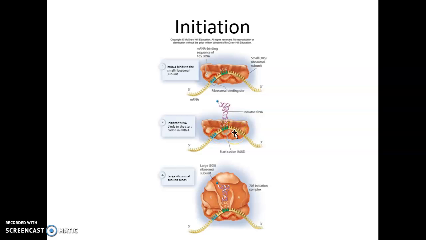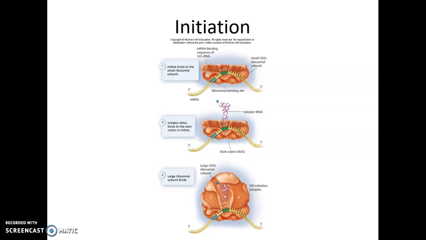That start codon, there is only one. It always holds a methionine, so we always begin translation with a methionine. Once this happens, the larger subunit sits down, and that is initiation of translation.